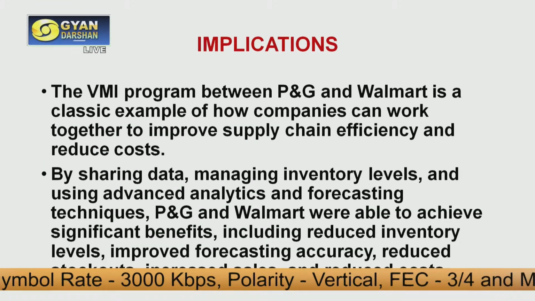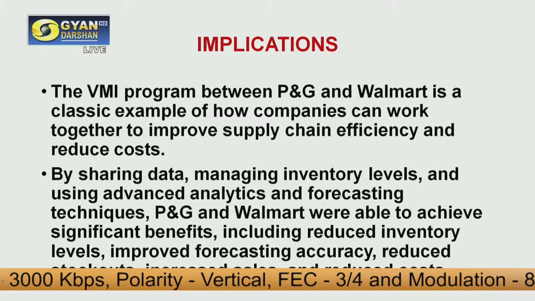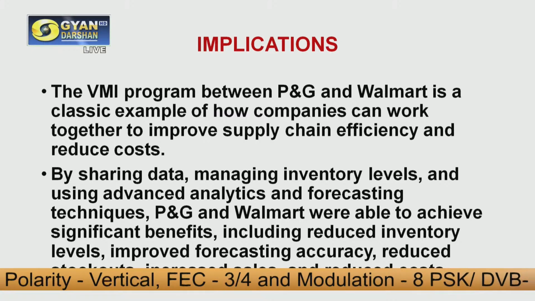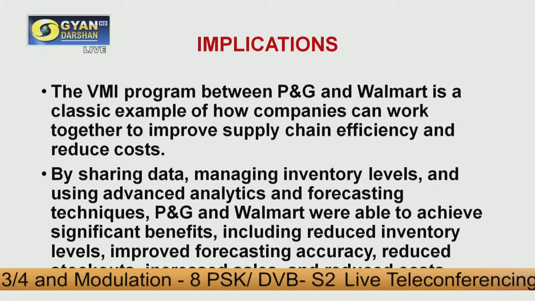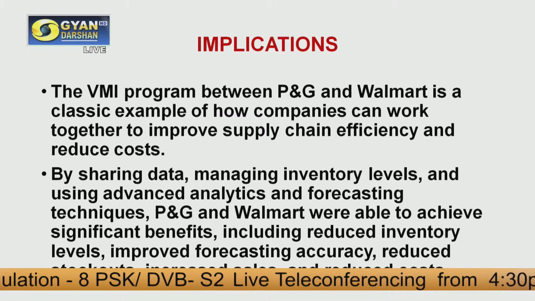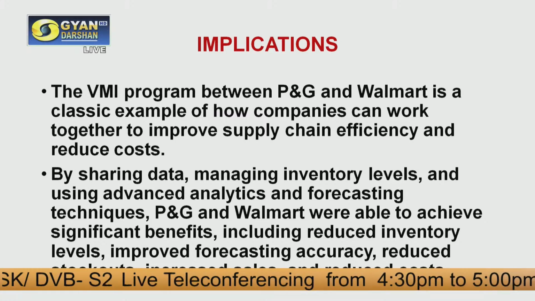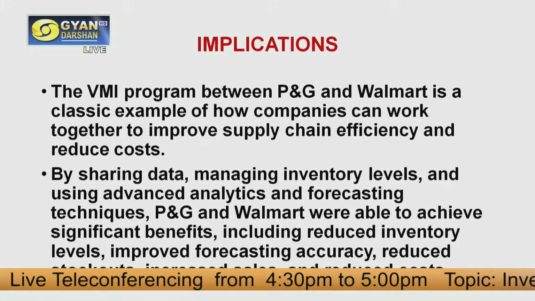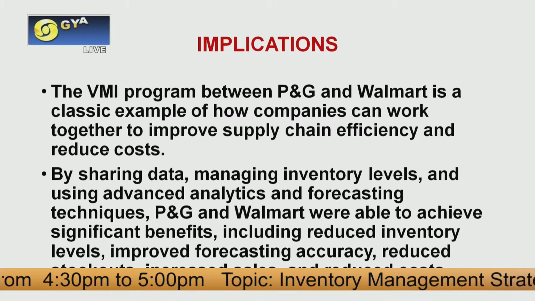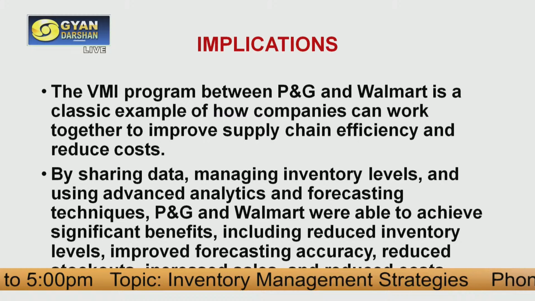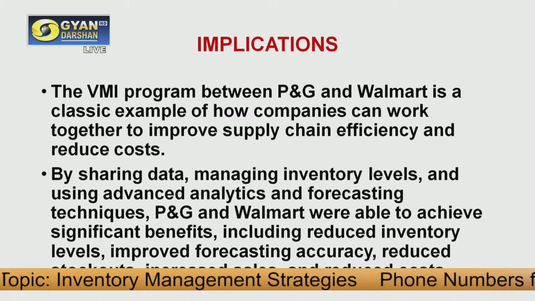If I talk about the implications, Procter and Gamble and Walmart have given the classic example of how companies can work together to improve supply chain efficiency and reduce cost by implementing proper inventory management strategies.